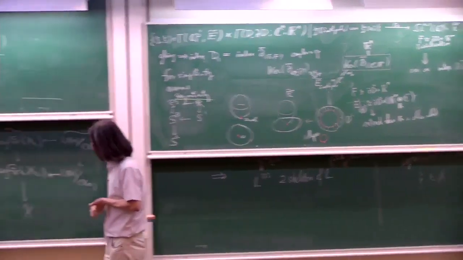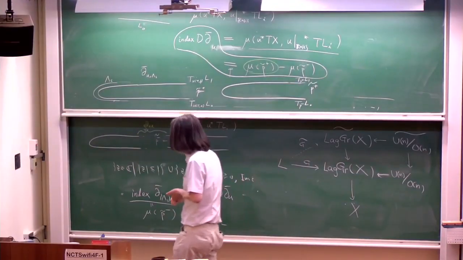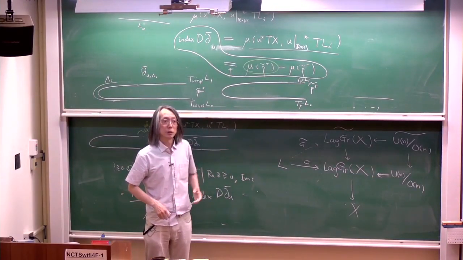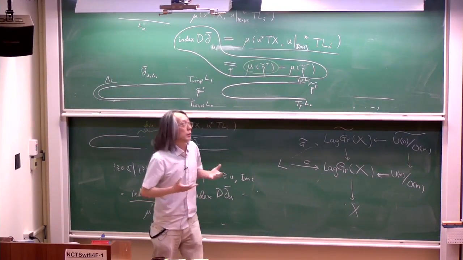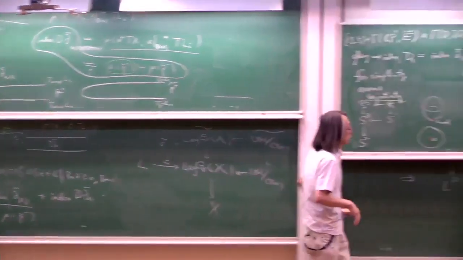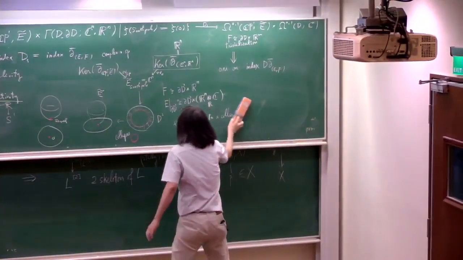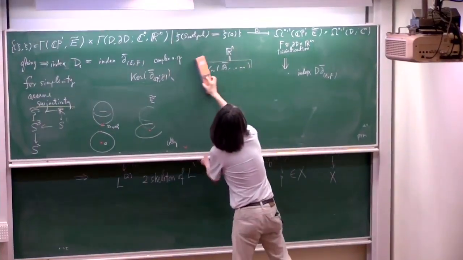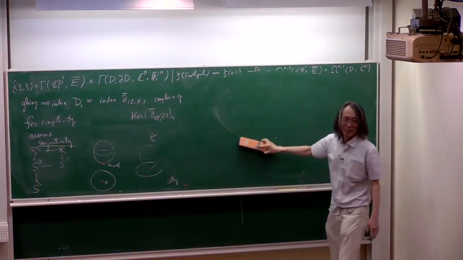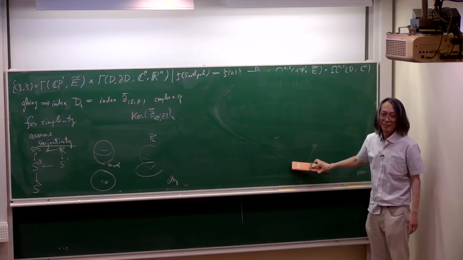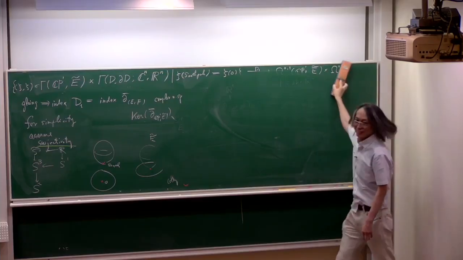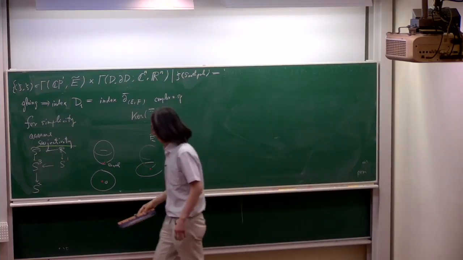So like C1, if C1 is 0, then you have this sort of stuff, right? Maybe I can just try to do it a bit more. Okay, let's finish it.